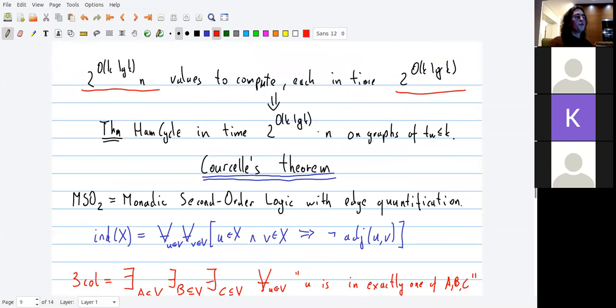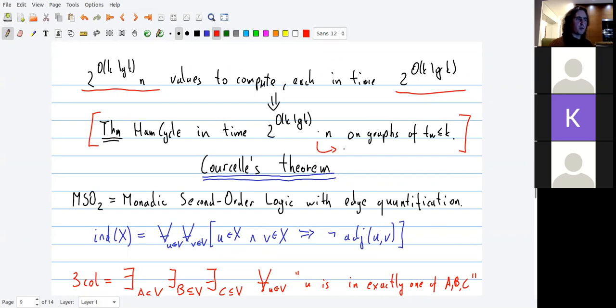But all in all, doing all of this computation in a bottom-up way gives me an algorithm that solves Hamiltonian cycle on graphs of Treewidth at most k in running time 2 to the k log k times n. Good. Let me just say that actually it is possible to make it better.